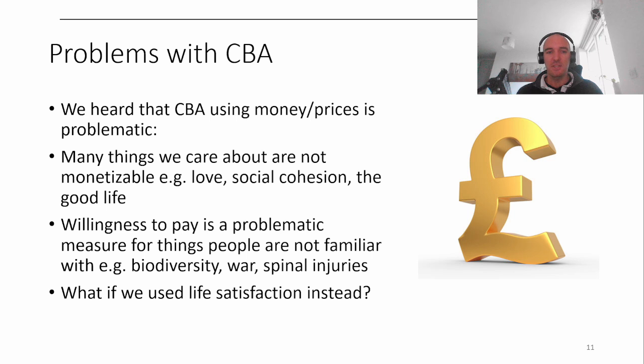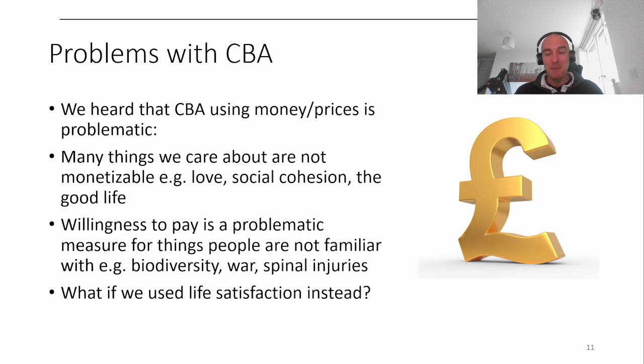And it's not even really feasible in many cases to ask people how much they would be willing to pay for these things. Willingness to pay is a very common way to try to get at an evaluation of non-market goods, so things that aren't traded in markets. So things like biodiversity or love or whether your dad lives for another 5 years or something.